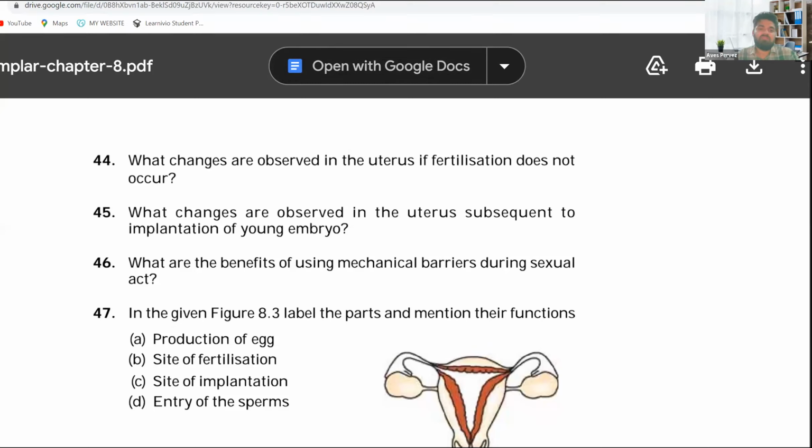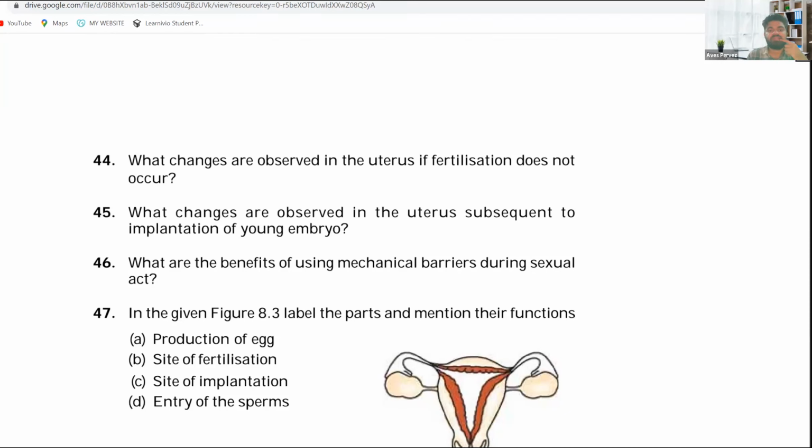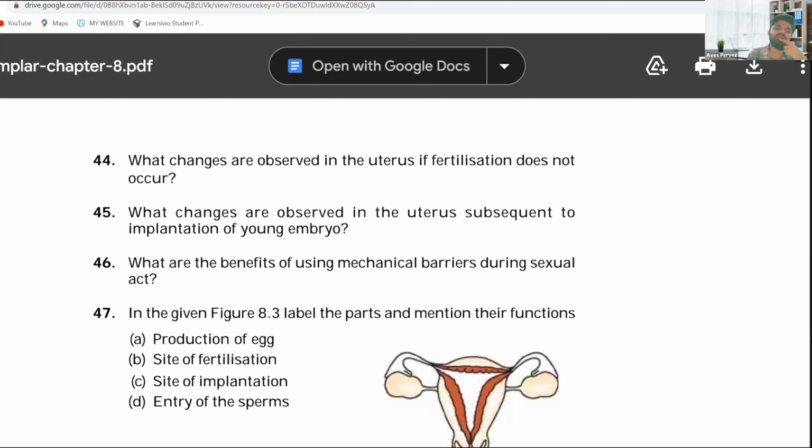We'll say that if the fertilization does not occur, then the uterine wall will start rupturing, and the cell waste will come out of the body through the vagina, in the form of bleeding. We call it the bleeding phase. The bleeding phase will start the menstrual cycle. Okay, got it. Yes, sir. Next is, what changes are observed in the uterus subsequent to implantation of embryo?